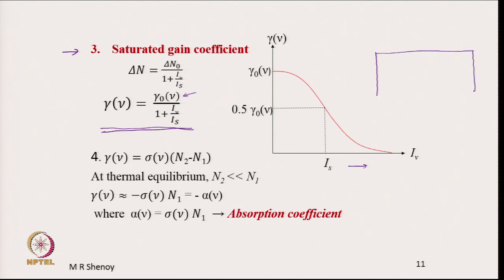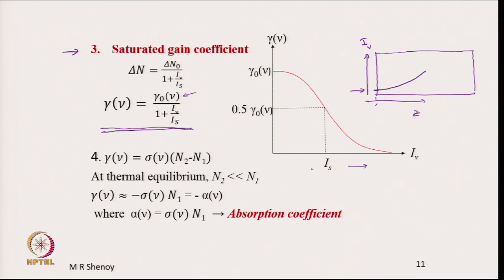I am deliberately showing a slightly longer variation. Let us say the intensity is very small at the input. This axis is intensity I nu, and this axis is z, where z equal to 0 is the input. The input intensity level is very small, then in the medium the intensity starts building exponentially.